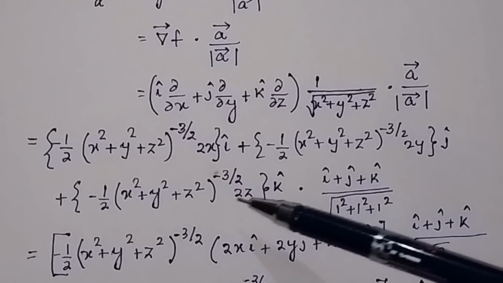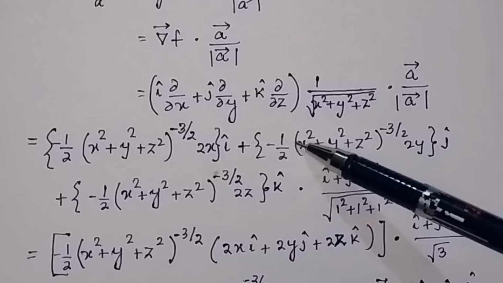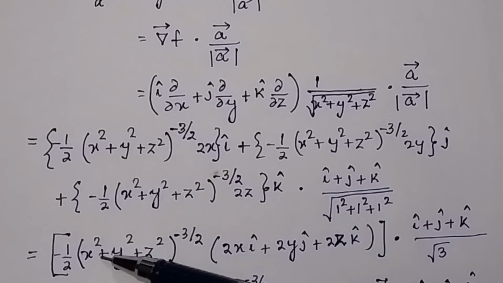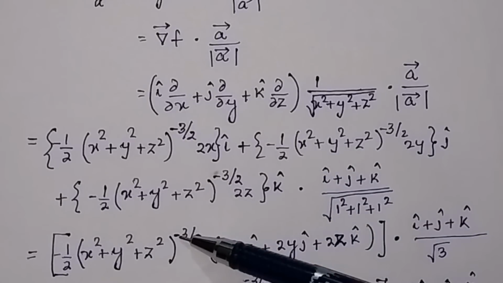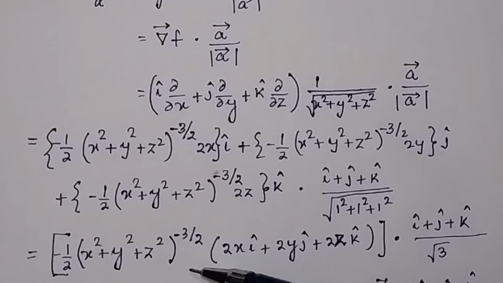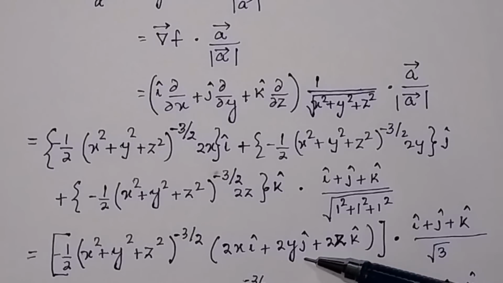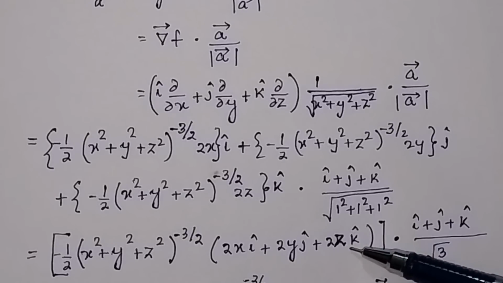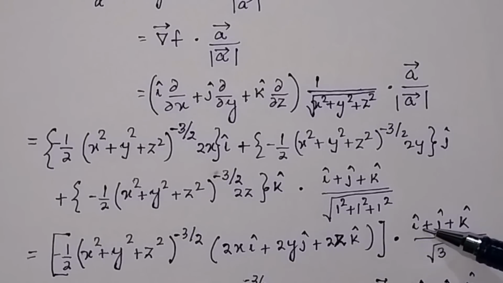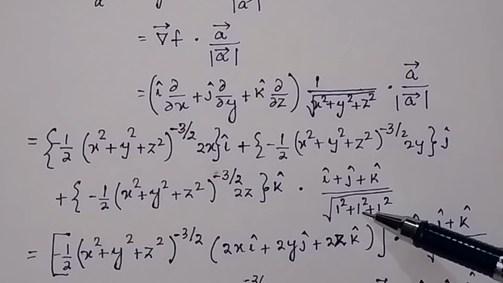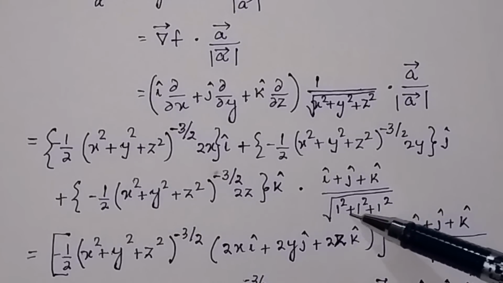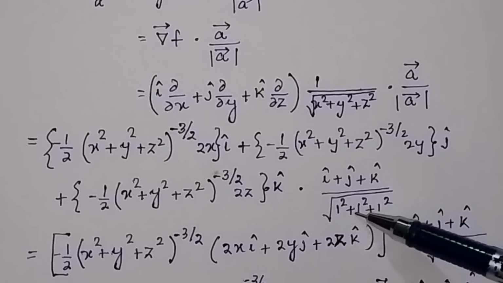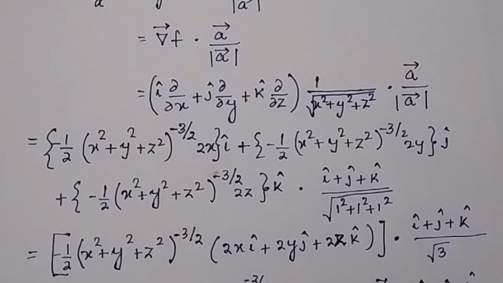So from these three, if you take minus half (x square plus y square plus z square) to the power minus 3 by 2 common, in the bracket you have 2x i cap plus 2y j cap plus 2z k cap, dotted with i cap plus j cap plus k cap divided by the square root of 1 square plus 1 square plus 1 square, that is 1 plus 1 plus 1, that is equal to square root of 3.